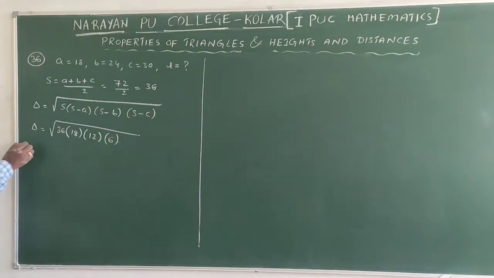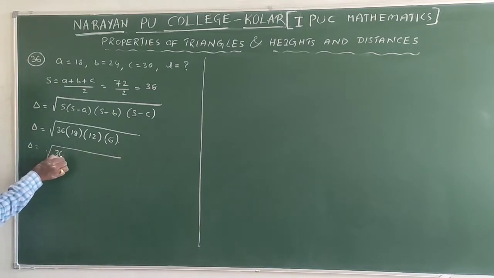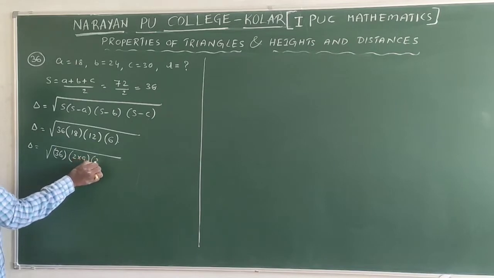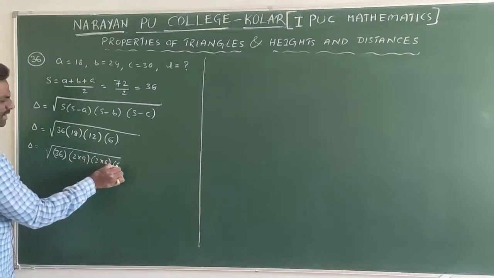Okay, now I can write 36 is a perfect square. You keep it like this. Next here, this 18 I can write 2 into 9, and 12 as 2 into 6. So finally we got perfect squares.